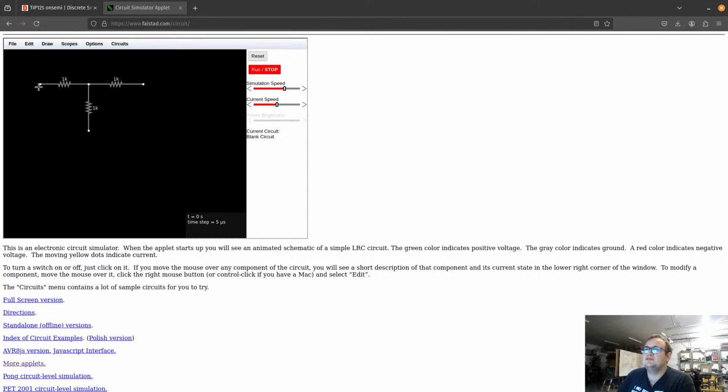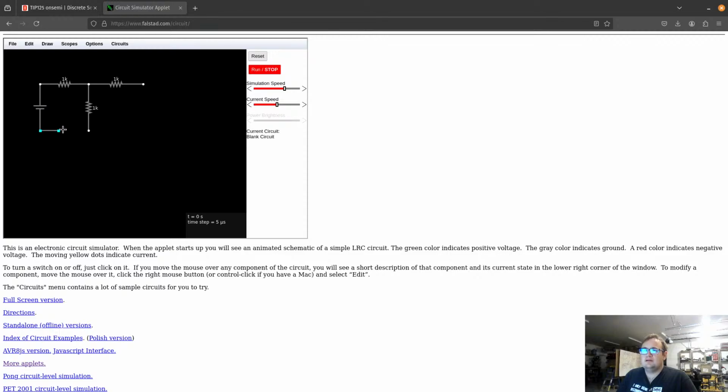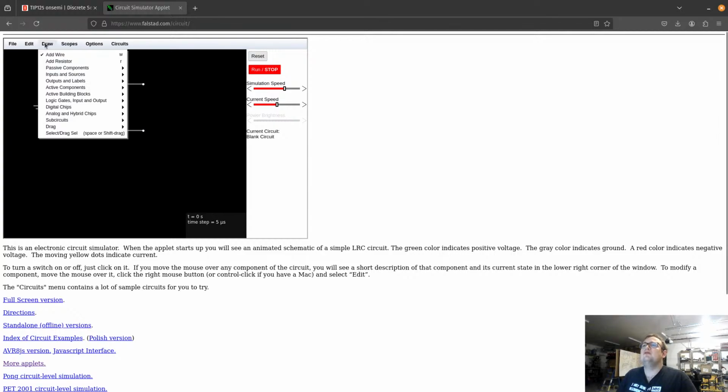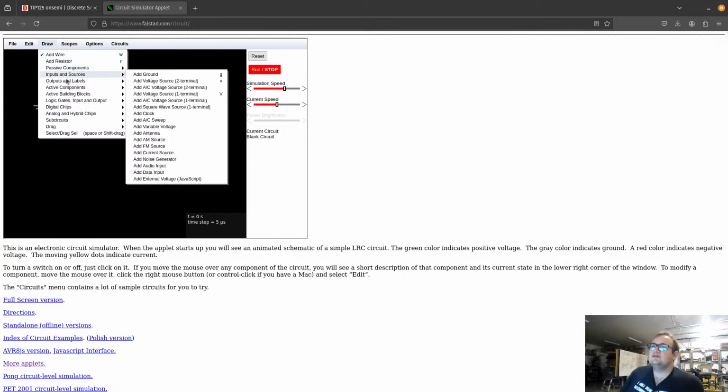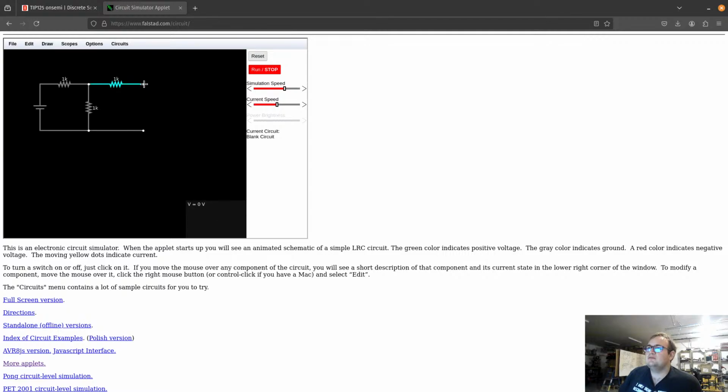Actually, add voltage source. See which way it goes. Yeah, okay, so this way. Then we'll draw in the wire. There we go. Now we'll draw one more wire. There we go. Oh, let's do outputs and labels. Voltmeter.